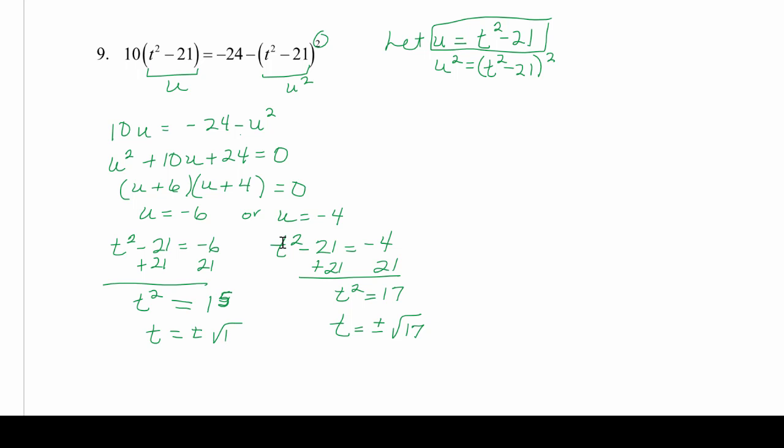So we ended up with 4 answers, and they are negative square root of 15, positive square root of 15, negative square root of 17, and positive square root of 17. So we are getting 4 irrational solutions.